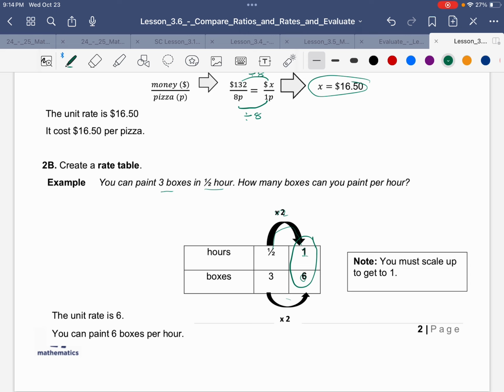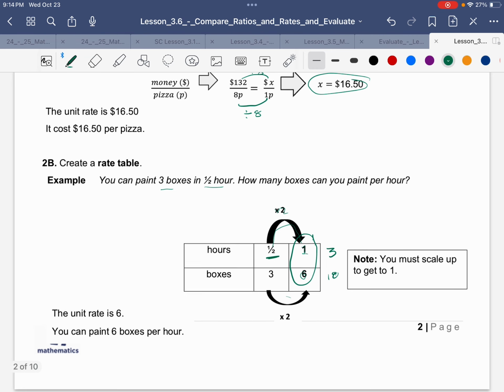Okay, so we had to scale up to go to 1 because this number here was less than 1. But now that we have the unit rate, it would be real easy for us to find other values. So what about 3 hours? It would be real easy to go from 1 to 3. We're multiplying by 3 now. So that would be 18 boxes, right? Cool. Let's move.